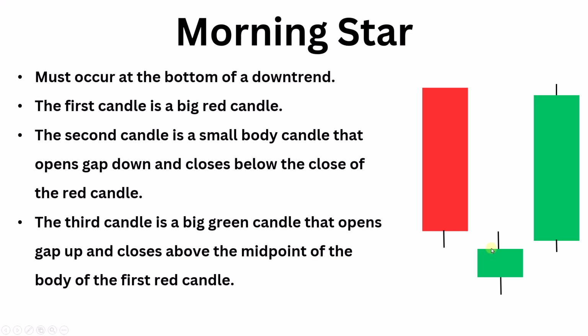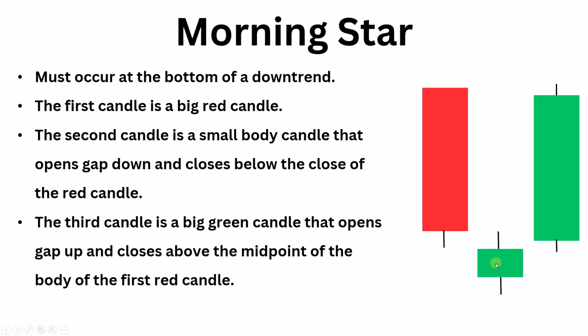Next, the second candle needs to open gap down, meaning there must be a gap between the close of this candle and the opening of this candle. And there must be a gap between the close of this candle and also the close of this candle.